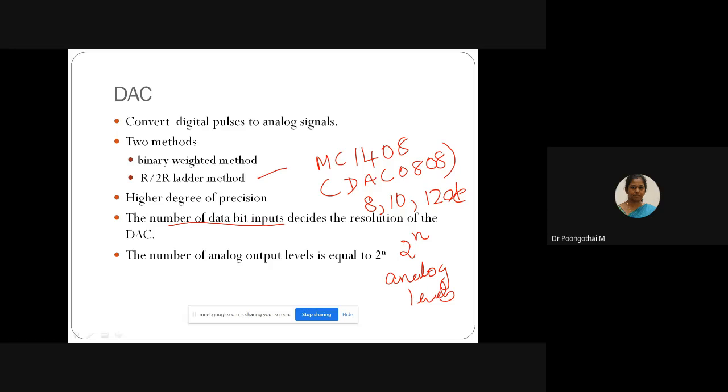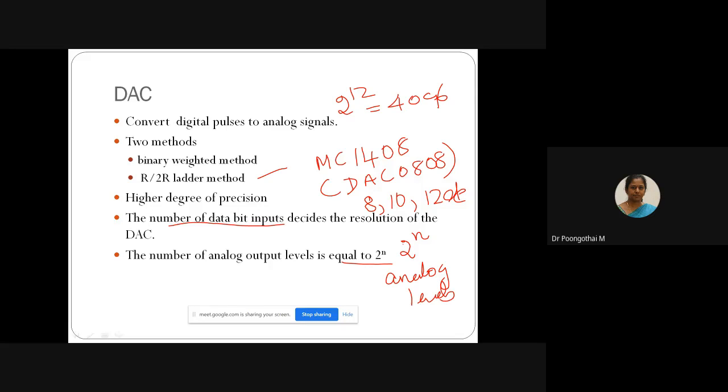So an 8-input DAC IC can generate 256 discrete voltage levels of output. Similarly, a 12-bit DAC can provide 2 power 12, that is 4096 discrete voltage levels.